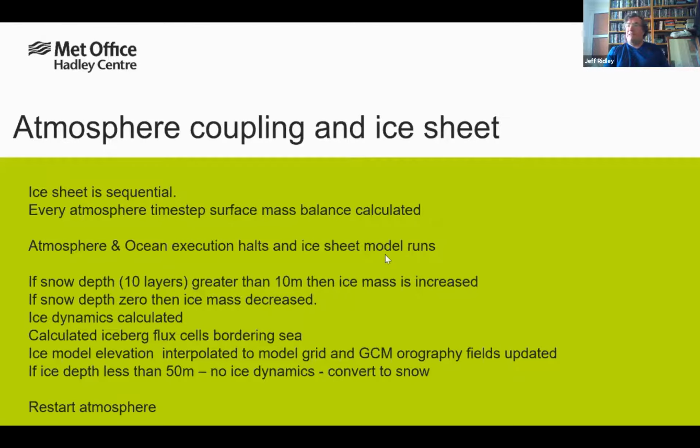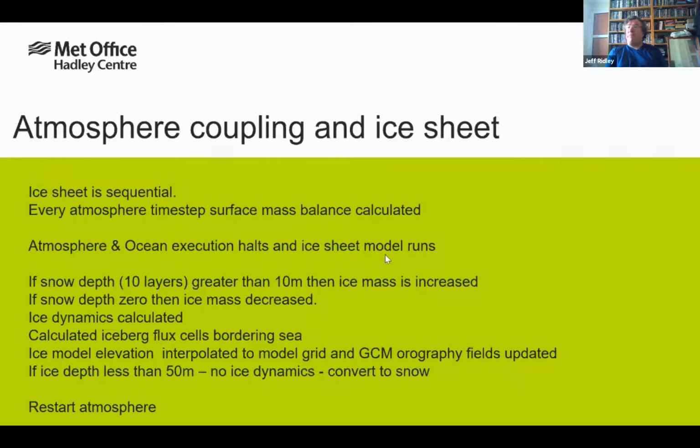If the snow depth is 0, then ice mass decreases because you're melting bare ice, and then after all this, the mass balance and ice dynamics are calculated, and anything that crosses the border with the sea is then an iceberg.